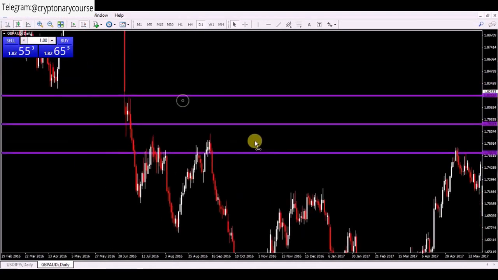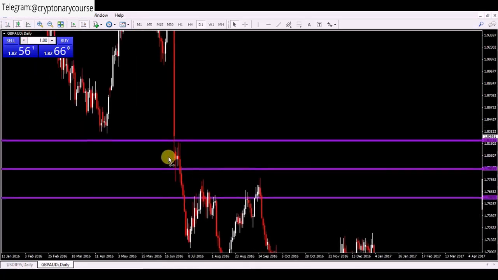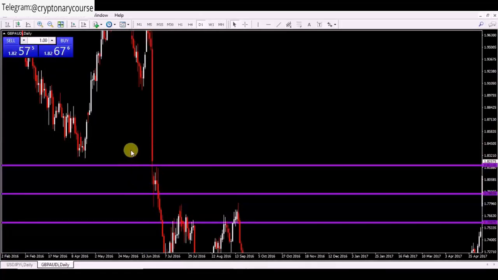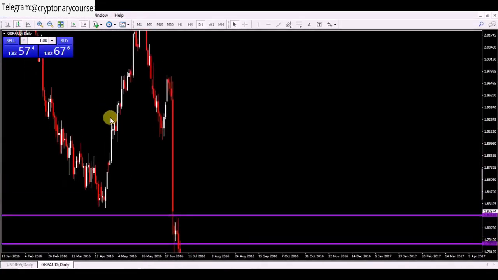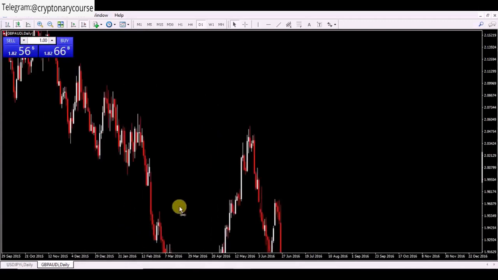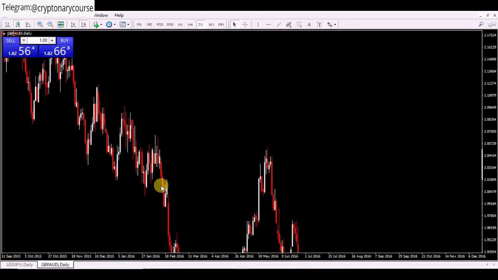Only caring about what's happening on the daily and the weekly and the major bounces, not the little tiny baby waves like here and here and here. No, we only care about here and here and here, and obviously here and here.